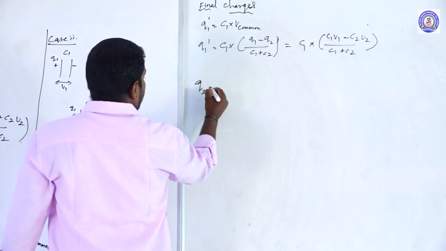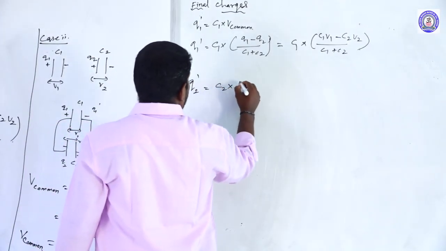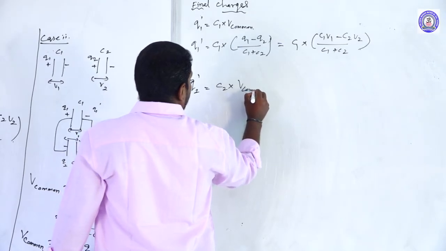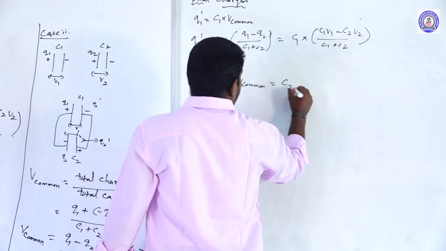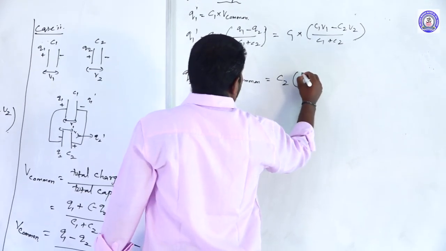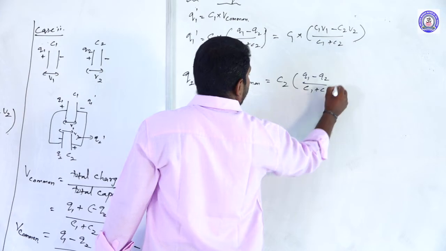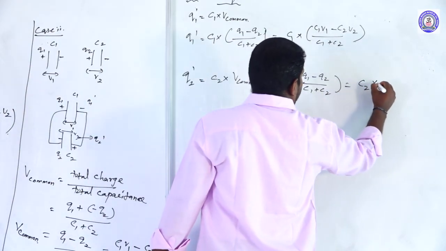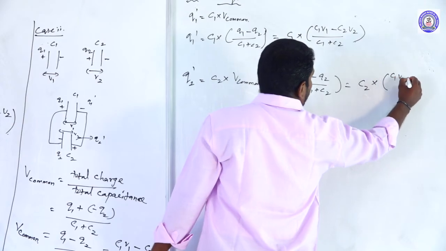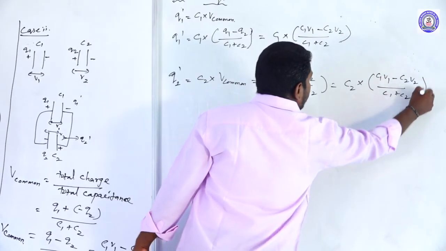The final charge of the second capacitor, Q2 prime, is equal to C2 into the common potential, which is C2 times (Q1 minus Q2) divided by C1 plus C2, equivalent to C2 into (C1 V1 minus C2 V2) divided by C1 plus C2.